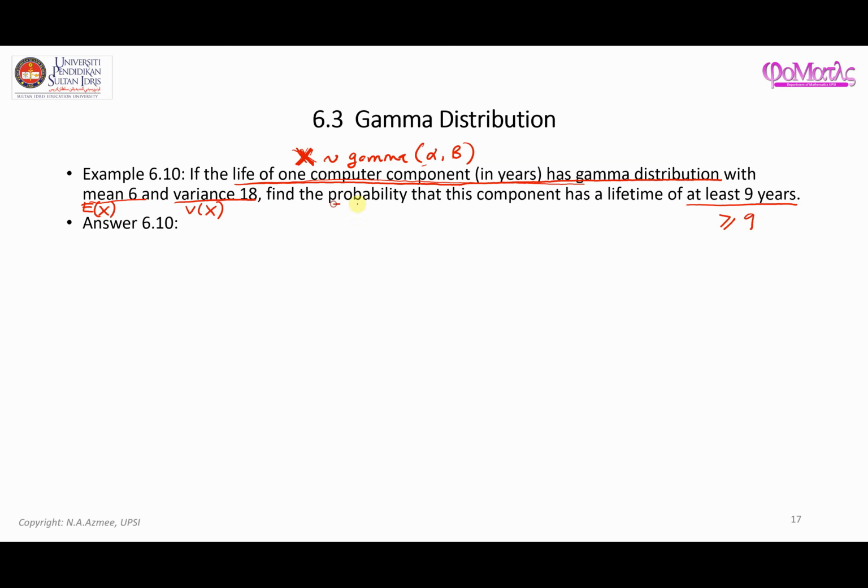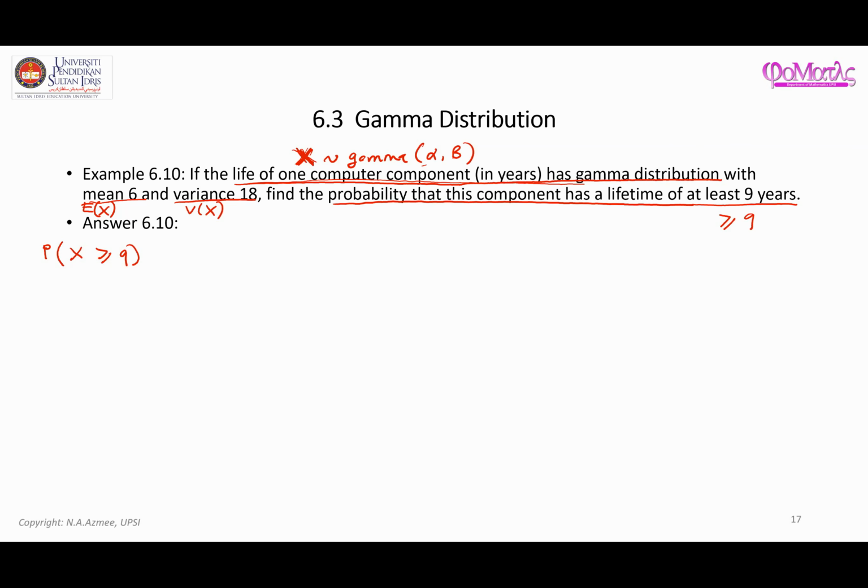If we translate this sentence into a mathematical statement, we are looking to find the probability that X, the life of a computer component, is greater than or equal to 9.